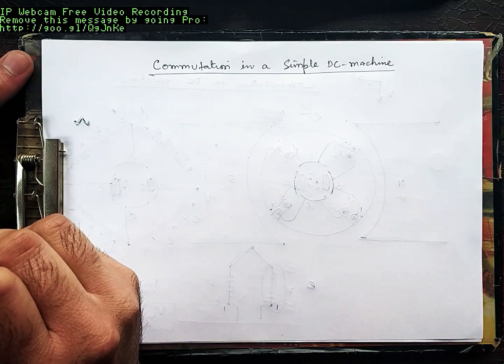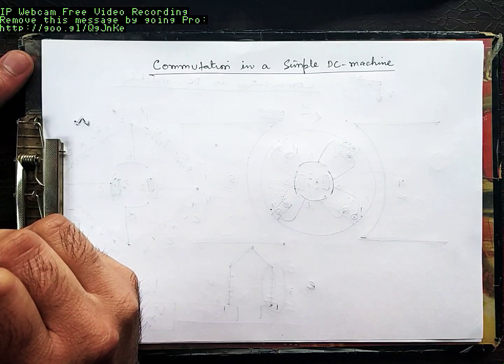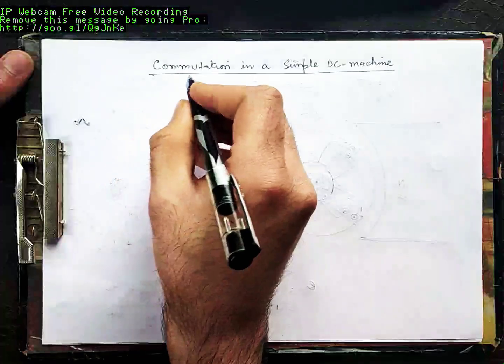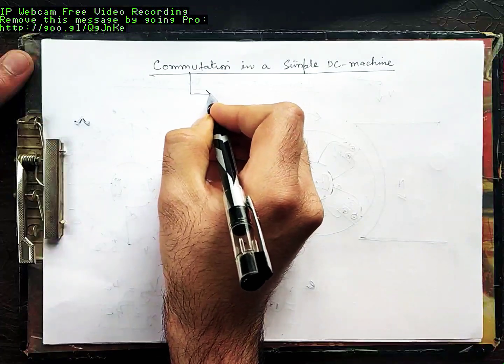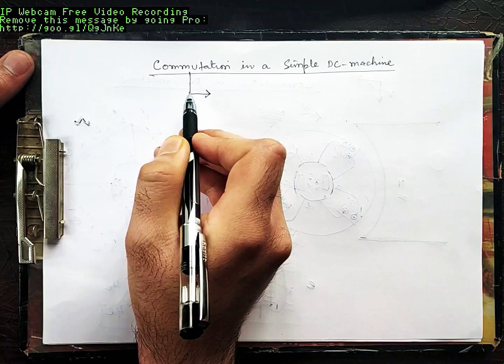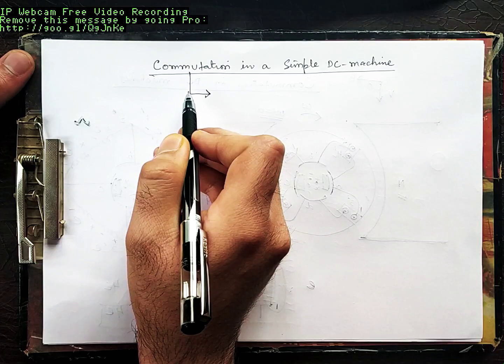But in order to get DC as the output from the DC machine, we use a special arrangement known as commutation. Thus we can say commutation is the process by which we get DC, or direct current, at the output of a DC machine.